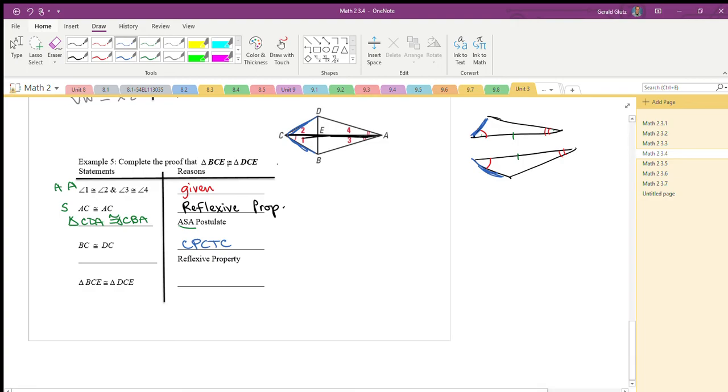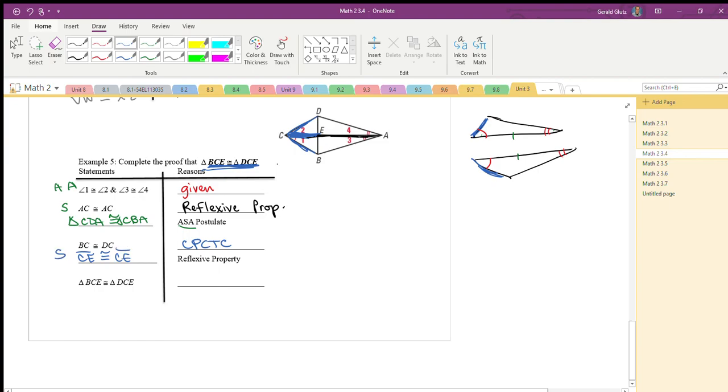So notice that we're trying to prove these two triangles are congruent. So that would be this little area right here. So BCE and DCE. So they are both sharing this side right here. So for reflexive property, I'm going to say CE is congruent to CE.